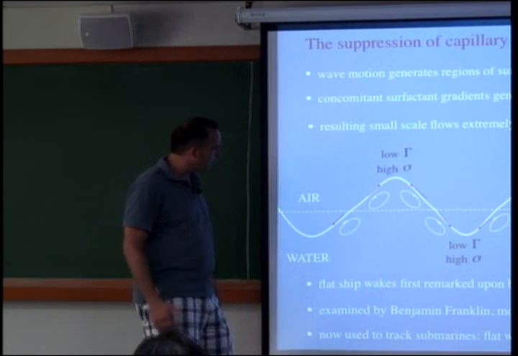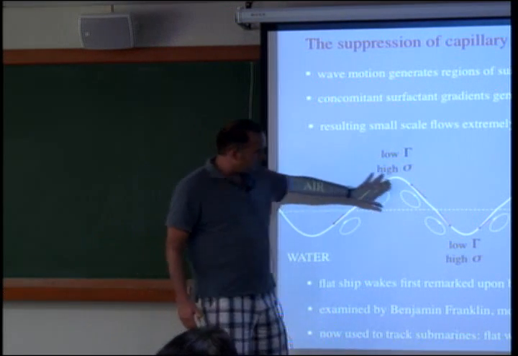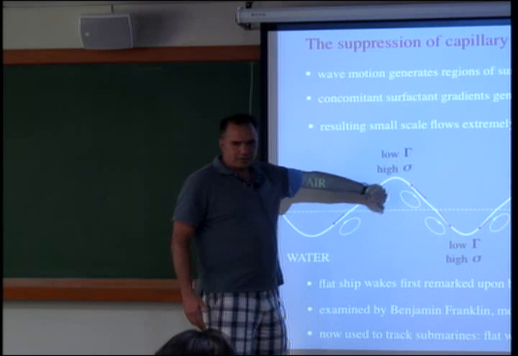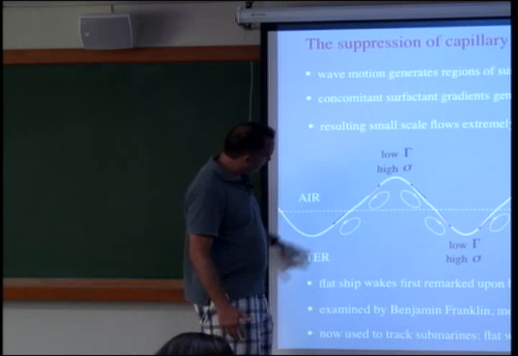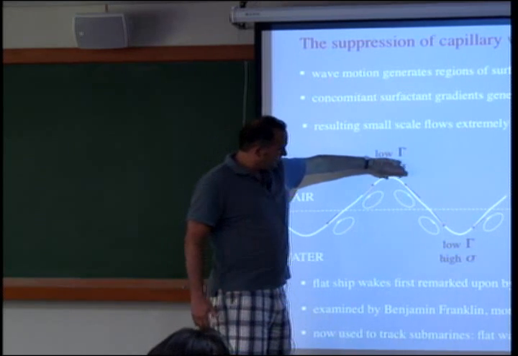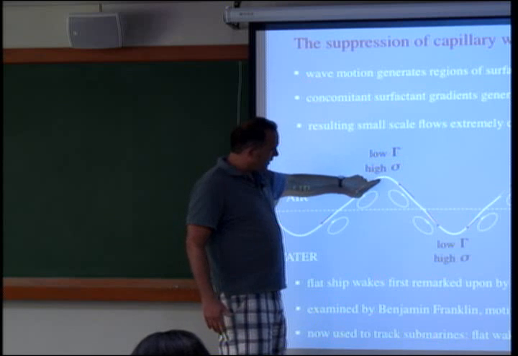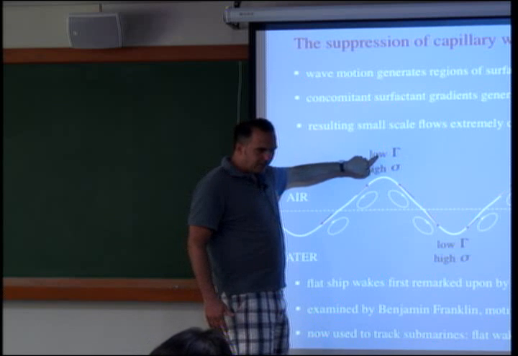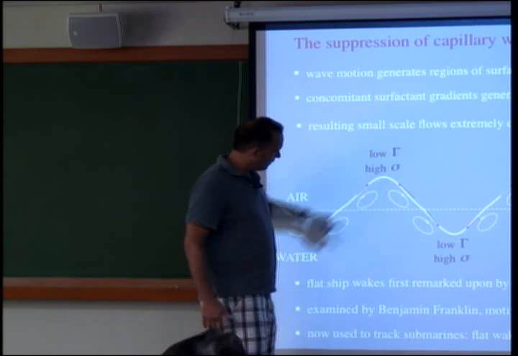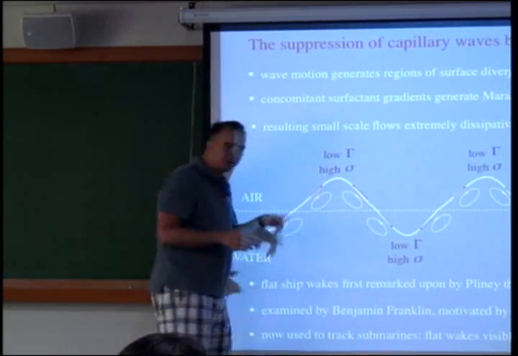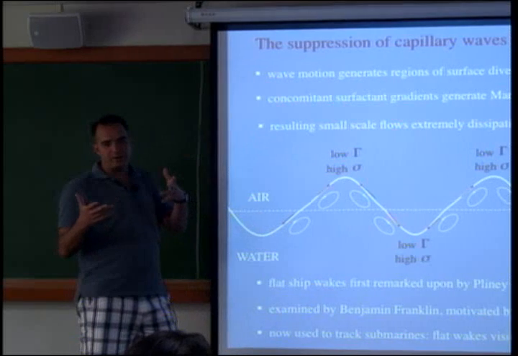The point is, the waves also have non-zero surface divergence. Imagine this surface area is being increased here, then you're decreasing the local surfactant concentration, and so increasing the surface tension relative to there, and so you get these Marangoni stresses which drive small-scale motion.